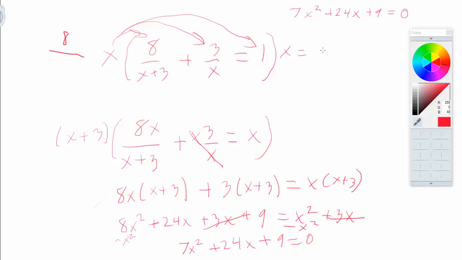So x equals the opposite of b. So that's b, this is c, and this is a.